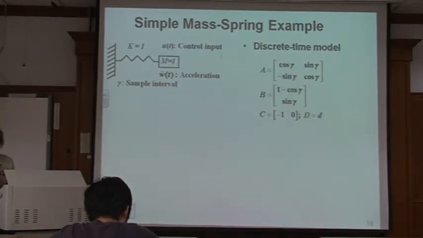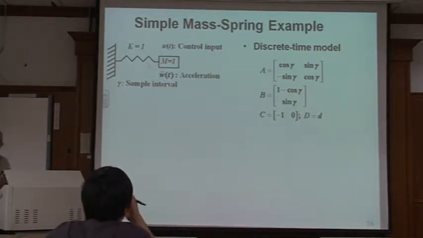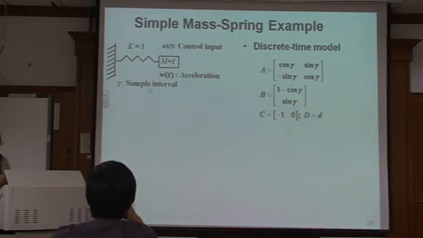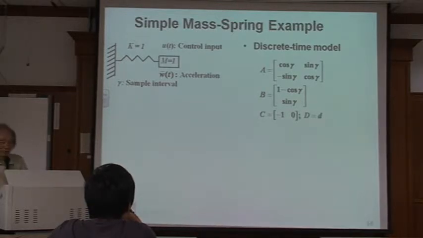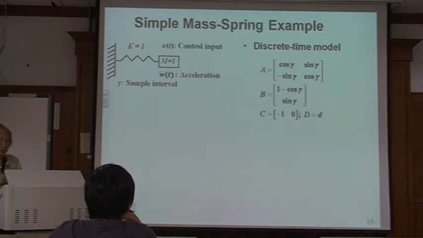Alright, so A is 2 by 2, B is 2 by 1, and C is 1 by 2. This is a single input, single output case, where gamma is the sample interval. In the homework, I think I give you the gamma also, right? You don't really need gamma because I give you the A matrix, B matrix, and C matrix. So that's already given.